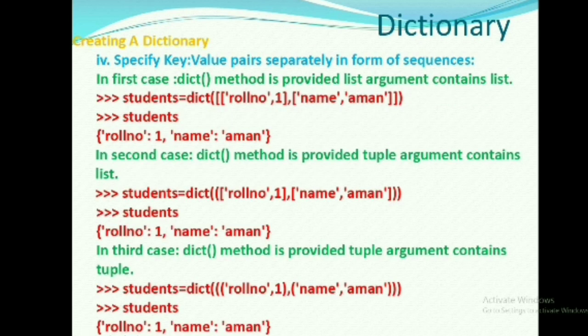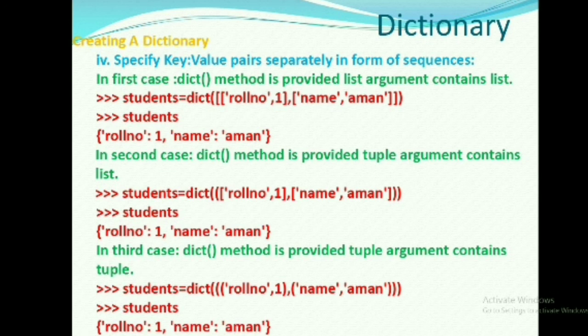We can specify key value pairs separately in form of sequences. Sequences can be a list or a tuple. In the first case, the dict method is provided a list as an argument and contains list elements. As you can see, roll number 1 is in square brackets, name Aman is also in square brackets, and it is inside a square bracket, which is a list argument.